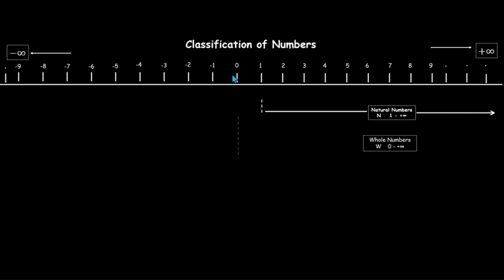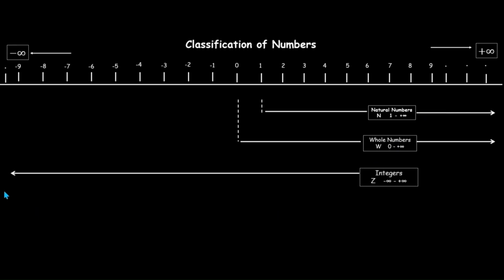Whole numbers are the ones that start from 0 and go up to positive infinity. Whole numbers are represented with symbol W, and as we can see, whole numbers contain all the natural numbers and additionally 0. So whole numbers is a superset of natural numbers. In other words, natural numbers is a subset of whole numbers. Integers range from negative infinity to positive infinity.